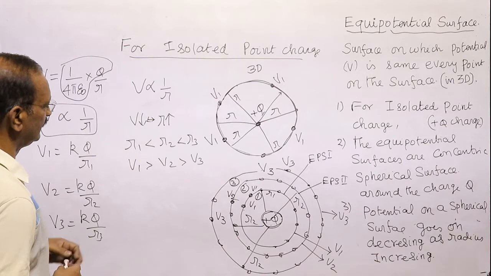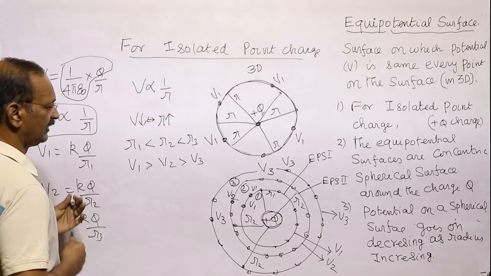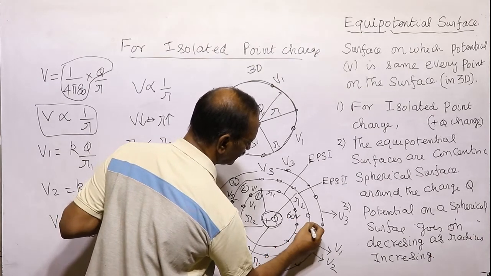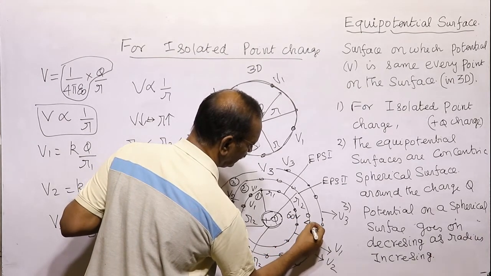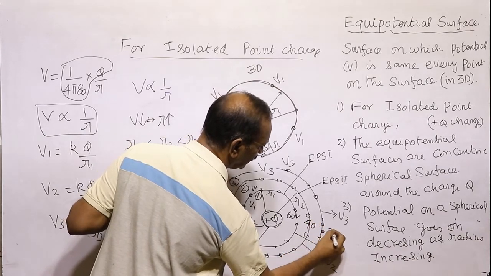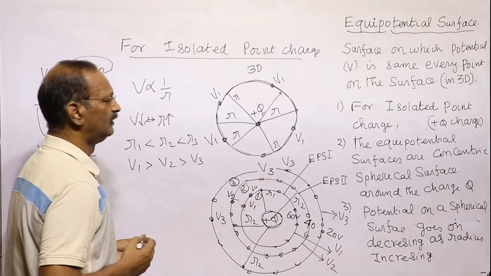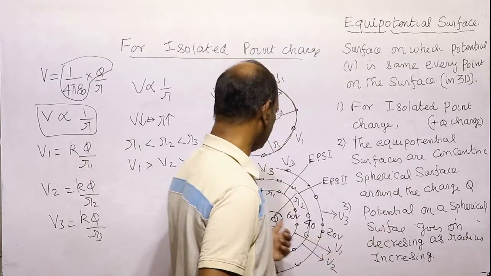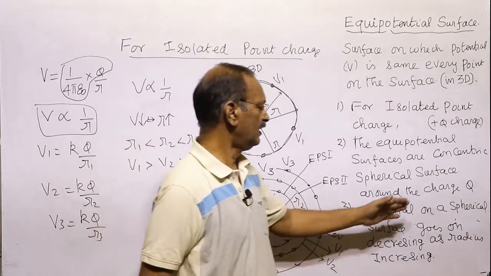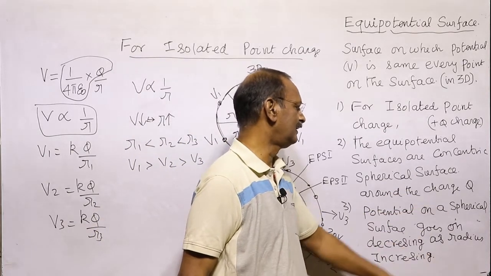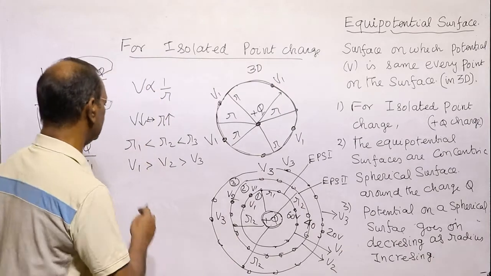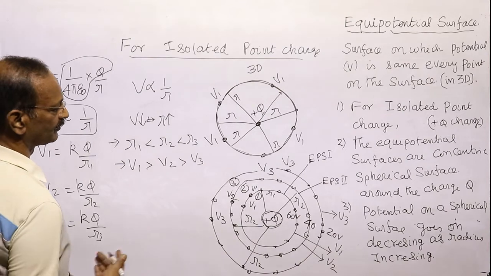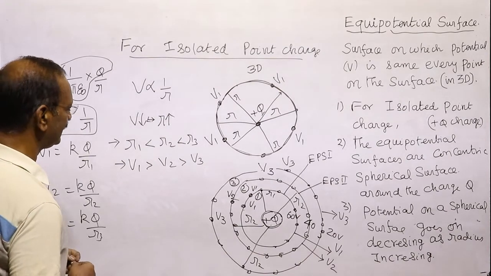So R1 is less than R2, so the potential here will be more, say 60 volt, here somewhat less, say 40 volt, and here 20 volt. It means that for concentric spherical surfaces around the charge Q, the potential on the spherical surface goes on decreasing as the radius increases.